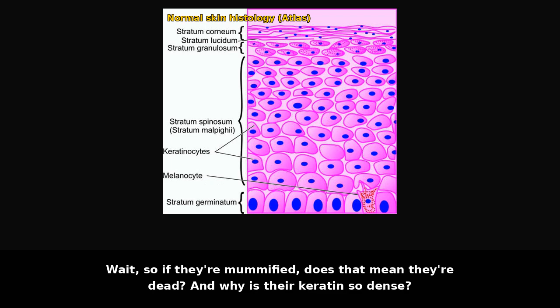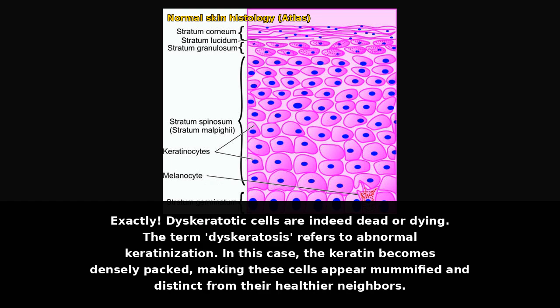Wait, so if they're mummified, does that mean they're dead? And why is their keratin so dense? Exactly. Dyskeratotic cells are indeed dead or dying. The term dyskeratosis refers to abnormal keratinization.